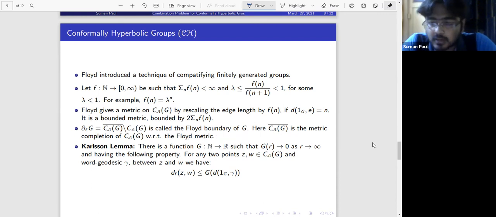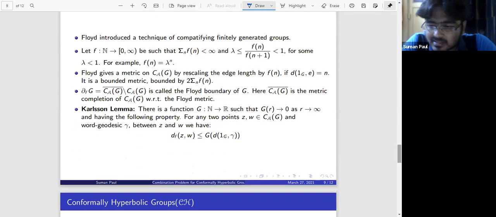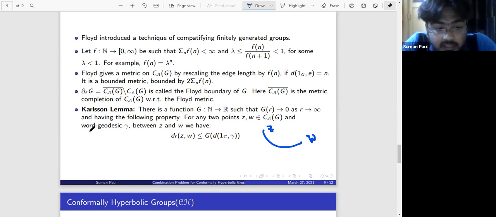So this lemma, the Karlsson lemma, proved by Anders Karlsson, is very important in the Floyd boundary. It says, suppose we take two points z and w in the Cayley graph, and suppose gamma is a word geodesic.